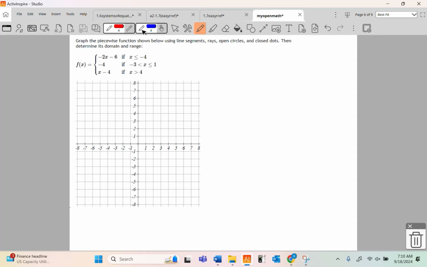Graph the piecewise function shown below using lines, segments, rays, open circles, and closed dots, then determine its domain and range. Now, you're supposed to know what things look like. You know that -2x minus 6, and I mean that. You know, and the sad part is some of you don't. But it's going to look something like that.